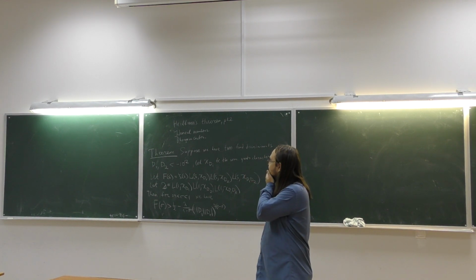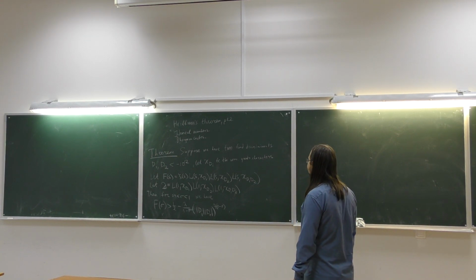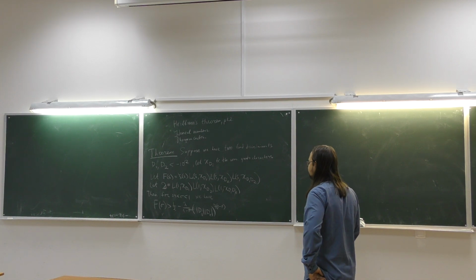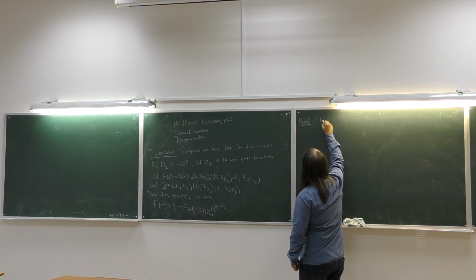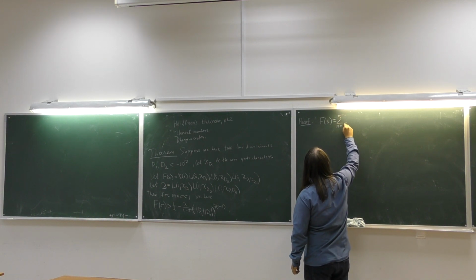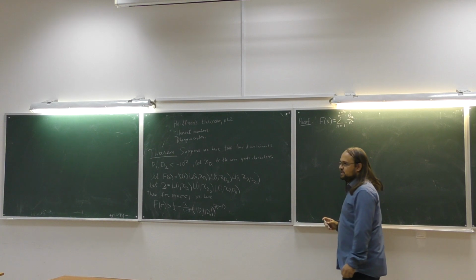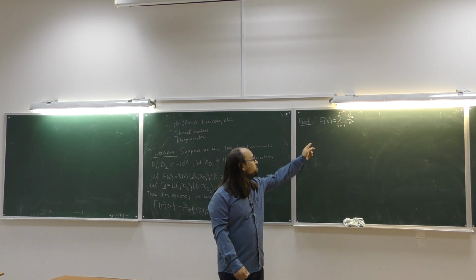Okay, how do we prove such a result? To prove this result, we need to notice one very important thing. First of all, f of s is a Dirichlet series, the sum of Bn divided by n to the s, say. What can be said about Bn here?